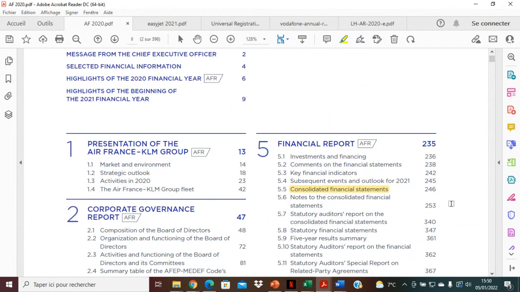We have the balance sheet, the income statement, the cash flow statement, and so on. That's like 5, 6, 7 pages. But then the notes are obviously the main part, because you see here we have almost 90 pages of notes. The notes are important.